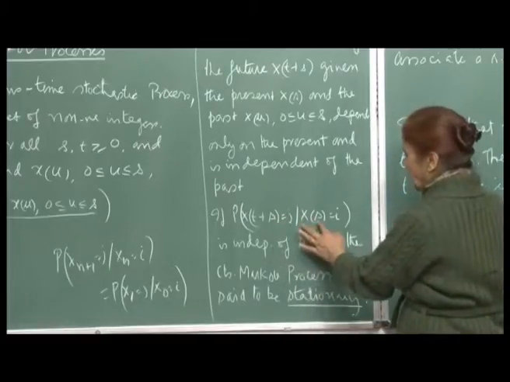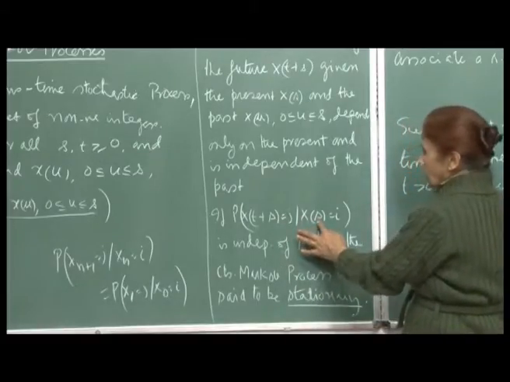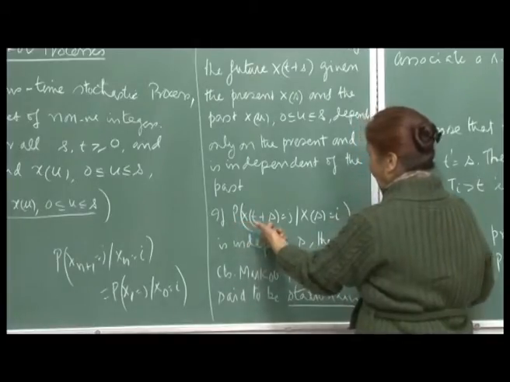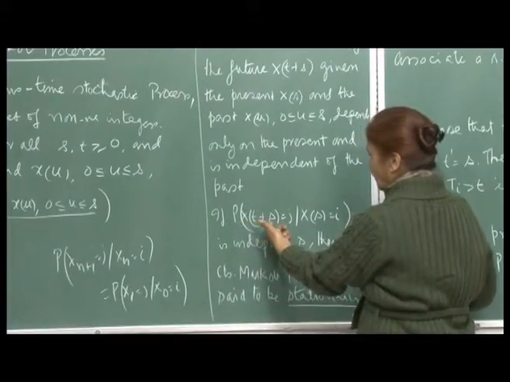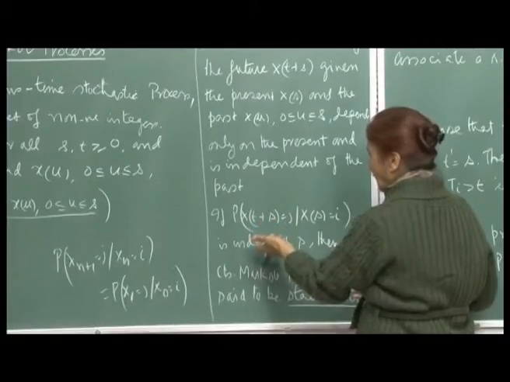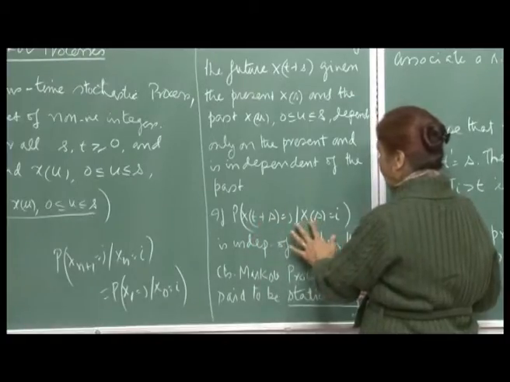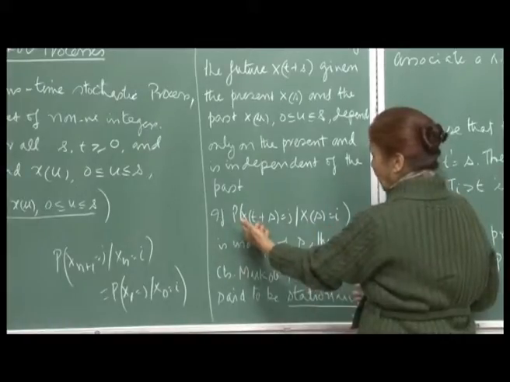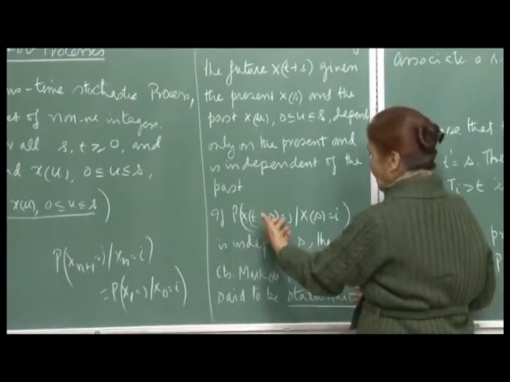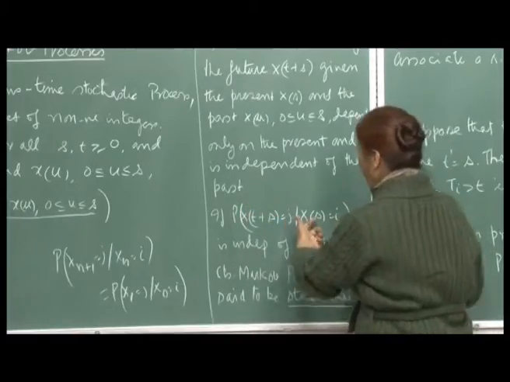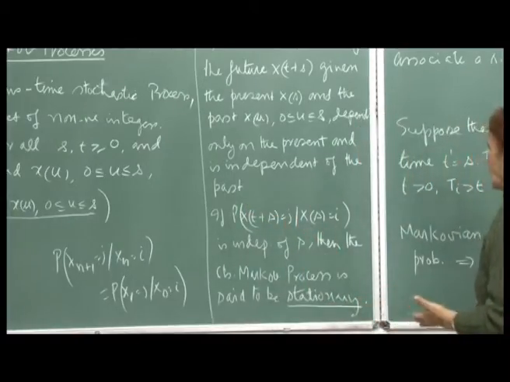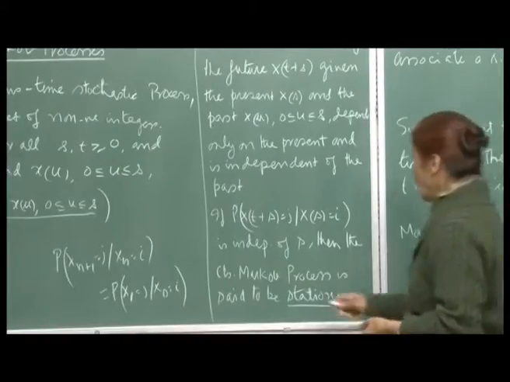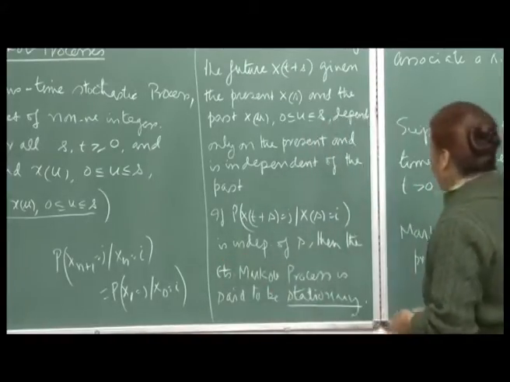If this probability is independent of s, no matter whether s is the 10th day, the 15th day or the 0th day, if the system occupies state i at time s, then at time s+t it will be in j, and this is the same no matter what s is. So, if this probability is independent of s, we say that the continuous Markov process is stationary.